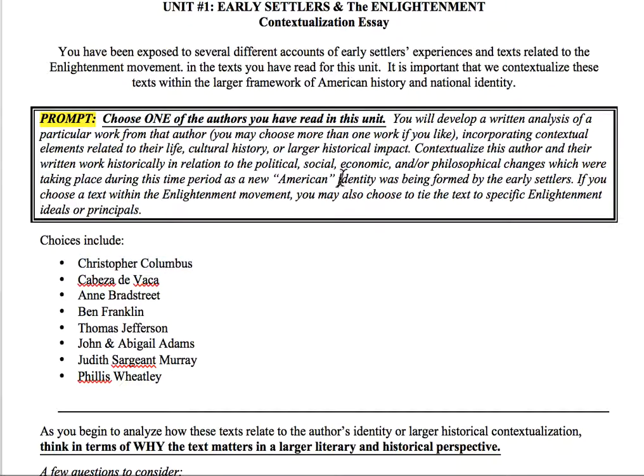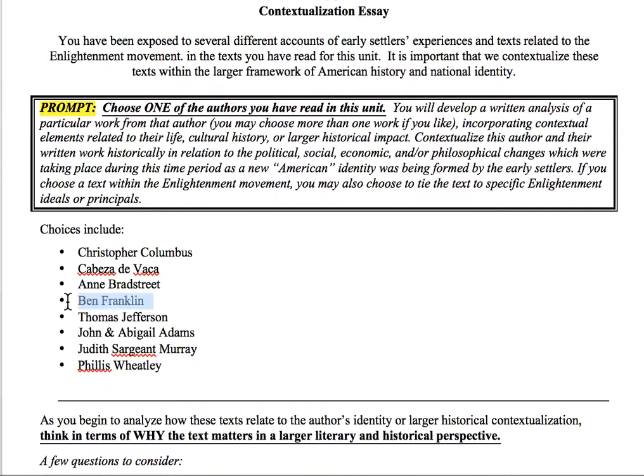So you're basically going to be contextualizing the work and the author in relation to the political, social, economic, and philosophical changes that were taking place during this time, as we were getting what we now know as a quote-unquote American identity. So for example, if you're going to choose Ben Franklin, and you're going to choose Poor Richard's Almanac, you need to look at who the audience was.